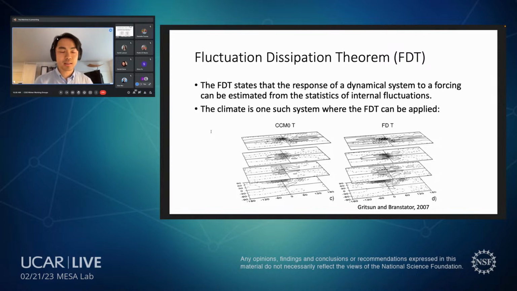And so there have been several attempts throughout the years to do this with varying degrees of success. For example, here is one relatively nice example by Gritson and Brandstater, where they used the FDT to project the climate response in the community climate model 0 to heating anomalies in the atmosphere. Okay, next slide, please.